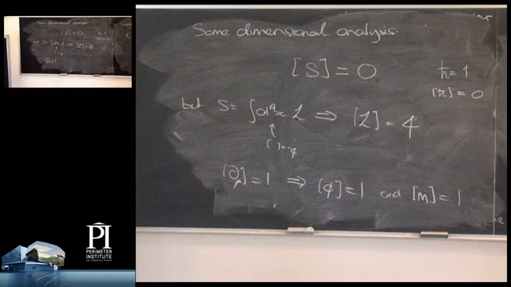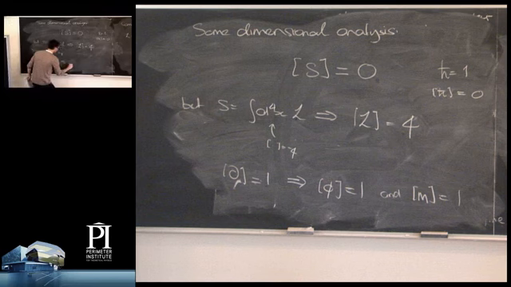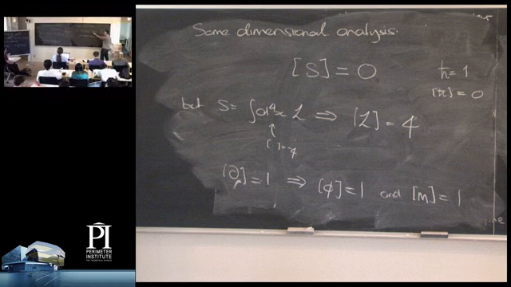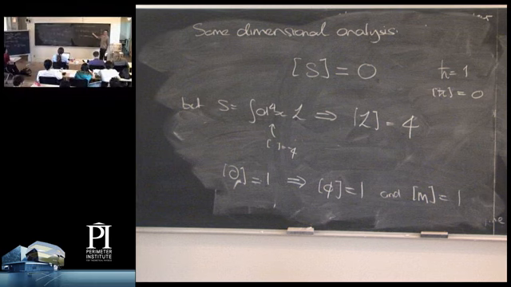Here we have 2 derivatives and 2 phi's, which means the dimension of phi also has to be 1. But if the dimension of phi is 1, then here we've got an m squared, which means the dimension of m also has to be 1. So this adds up to 4. That's nice because when we quantize the theory, this m becomes the mass of a quantum particle. So mass should indeed have dimension 1.